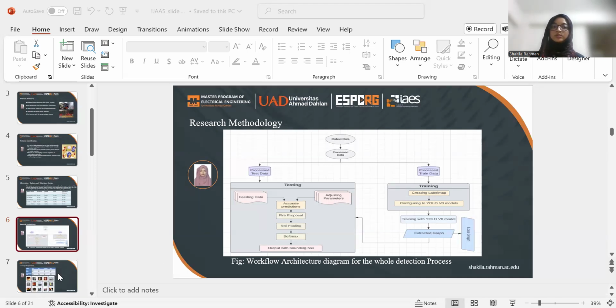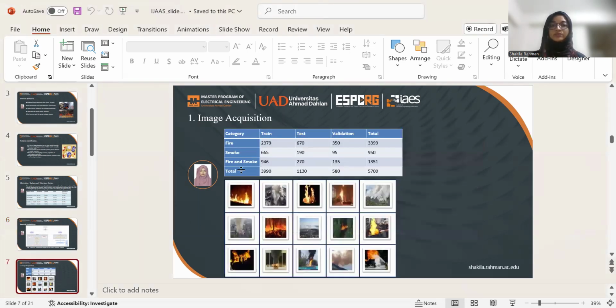Moving to our other process. In step one, image acquisition, we collected the images in three categories. We have three classes, as I mentioned in the previous introduction part: fire, smoke, and fire. Our training dataset is 3990, the testing dataset is 1130, and for validation 580.